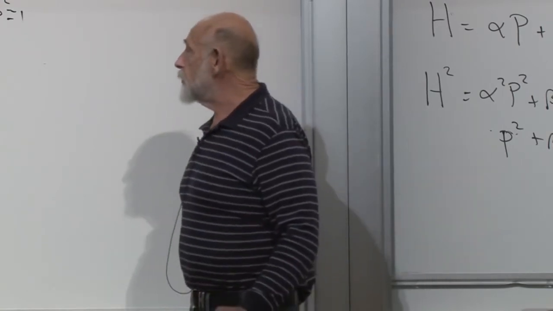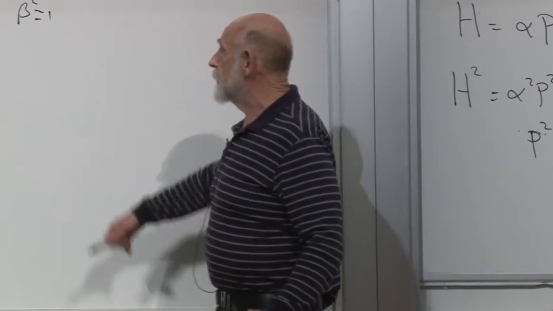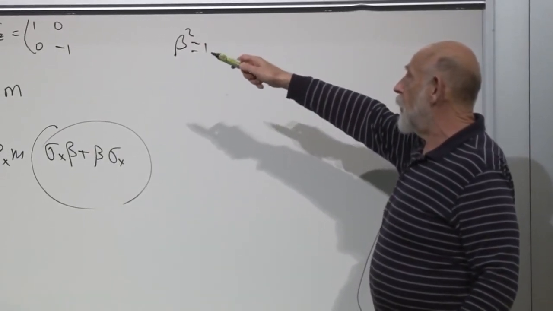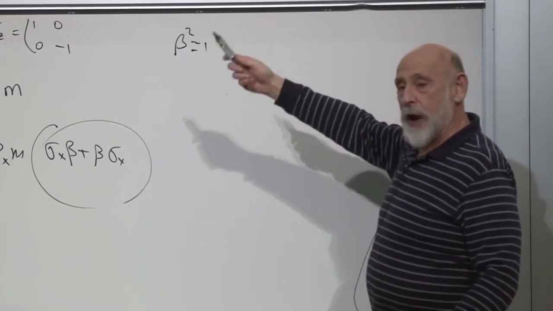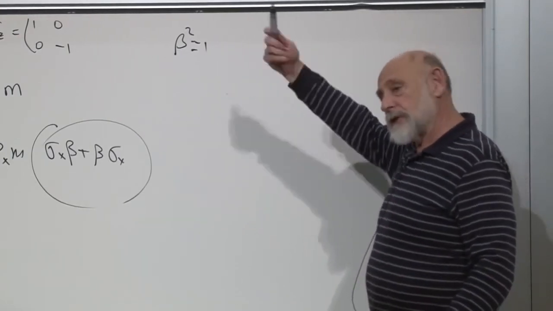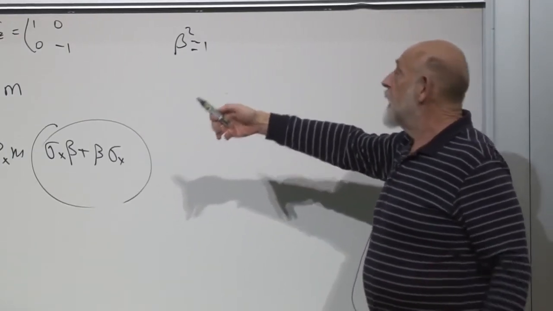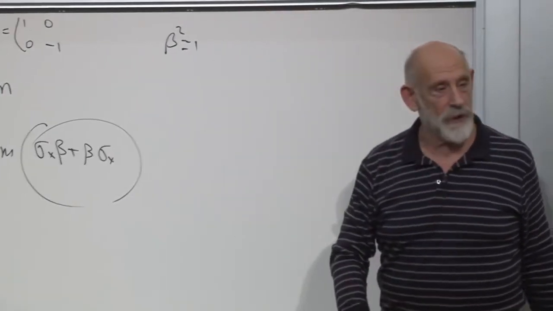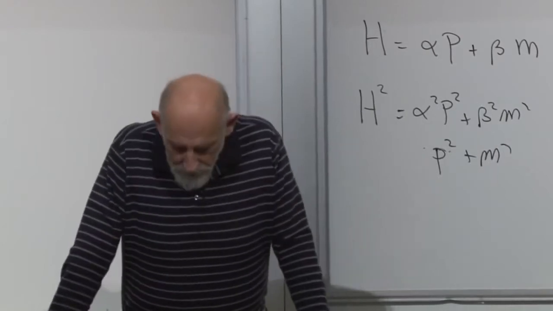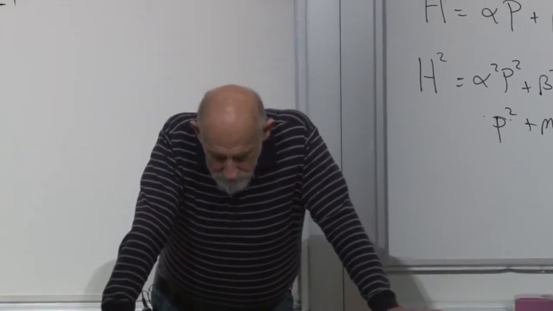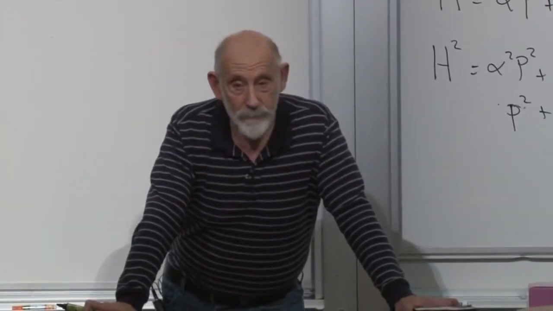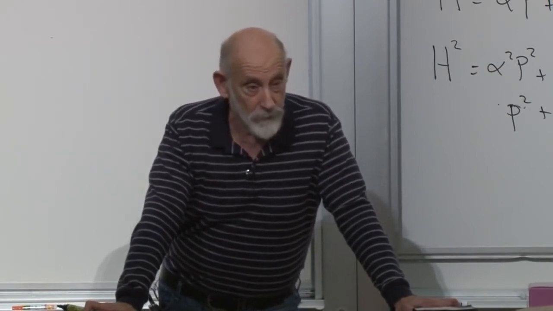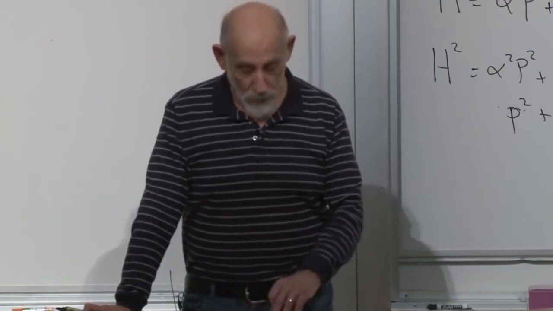Roughly speaking, nobody would mind very much if I called the x direction the y direction, the y direction the z direction, the z direction the x direction. So if I just permuted sigma x, y, z in some way, they'd be just as good. Same is true of the alpha and beta, the Dirac matrices. There are many different representations. We just have to pick one and stick with it.